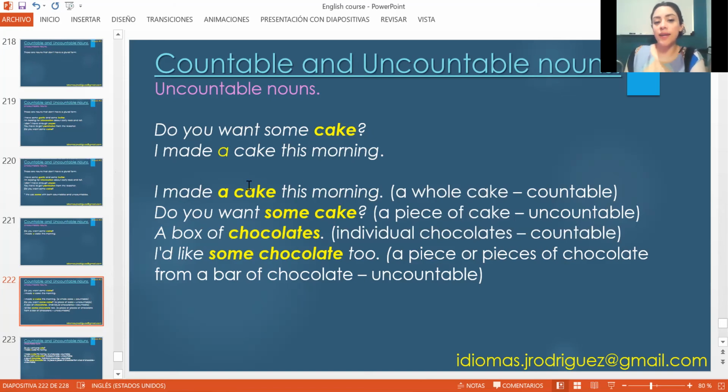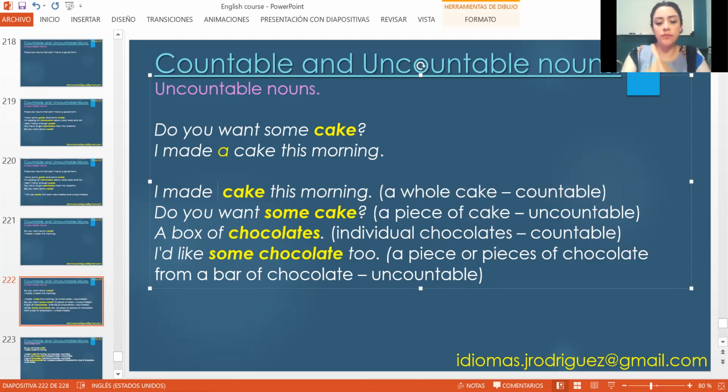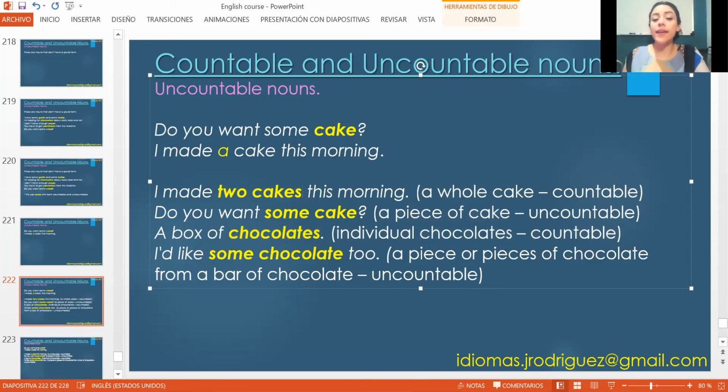It's the same. I made a cake this morning. Hice un pastel esta mañana. Hice un pastel completo, a whole cake. Or we can say, I made 2 cakes this morning. Hice 2 pasteles esta mañana. It is possible.